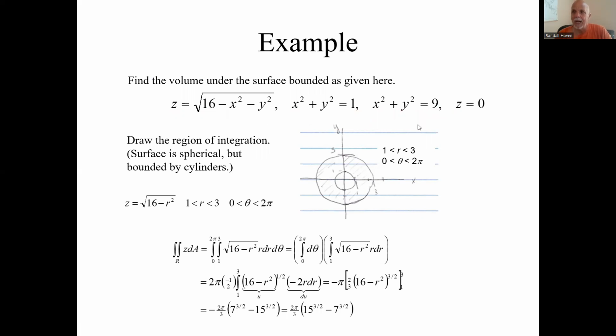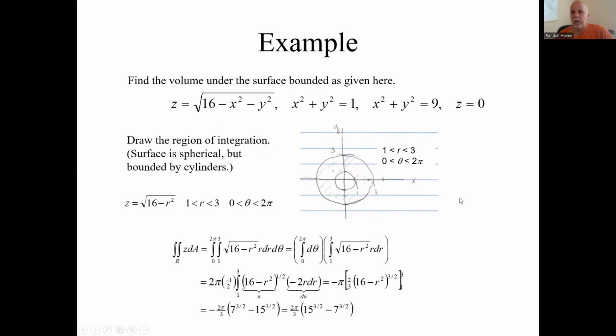Both those radii are less than the radius of the sphere. So the region of integration is this annulus. The sphere is in the third dimension, and it hits the xy plane at a radius of 4. These boundaries are within there. So this is the region of integration.